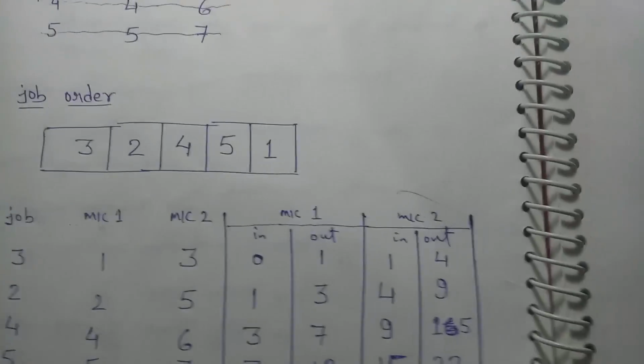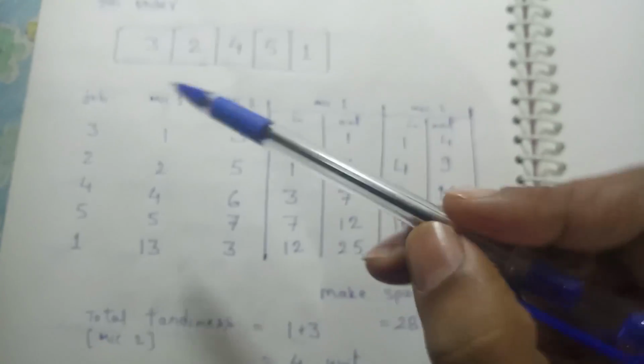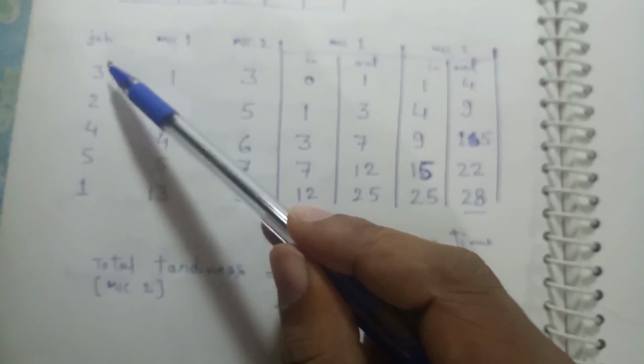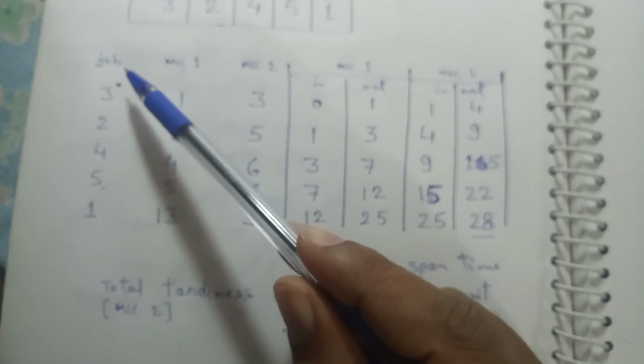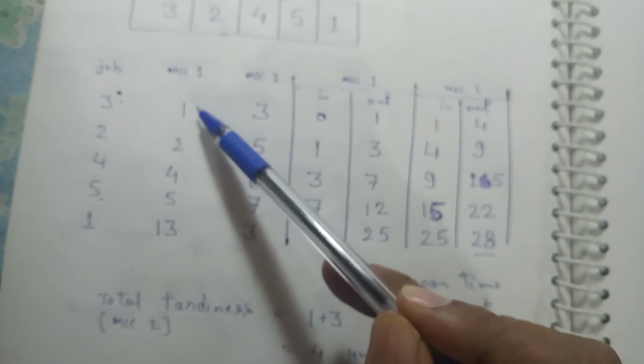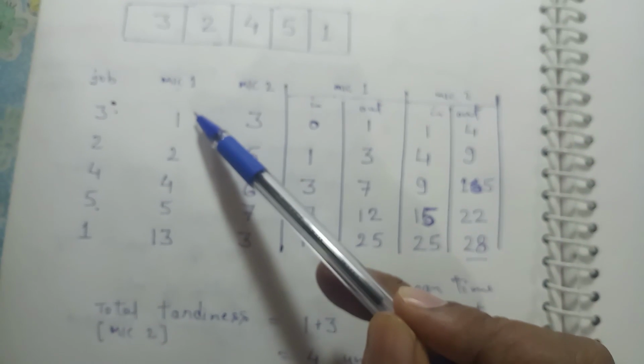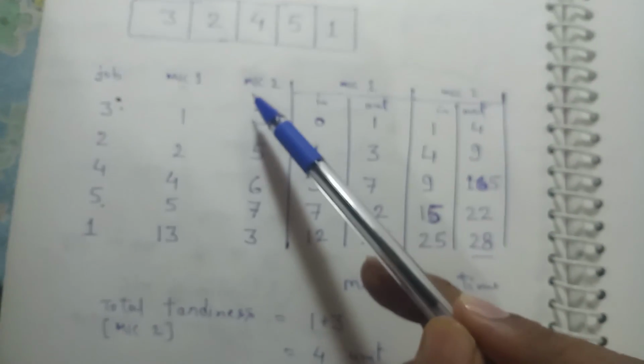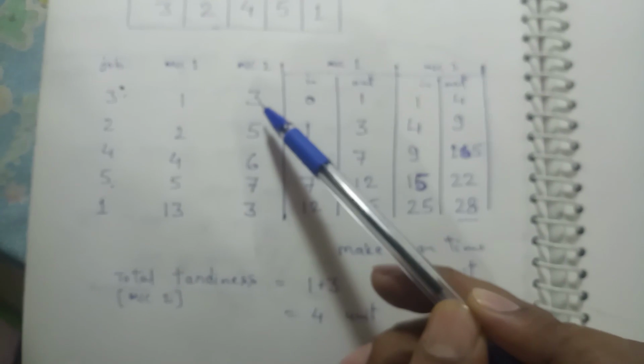It means we have to first make the sequence of job order. How to get this sequence? Now this is our job order, job sequence 3 2 4 5 1. Now suppose job 3, as already in the problem, in machine 1 it takes 1 unit time, and machine 2 it takes 3 unit time.